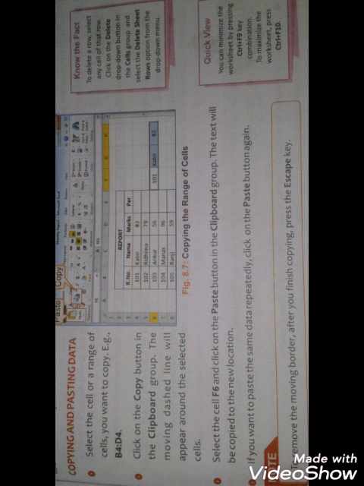After clicking on the copy button, a moving dashed line will appear around the selected cell. Third step is that we select the new location where we want to paste it, and then we click on the paste button in the clipboard group.